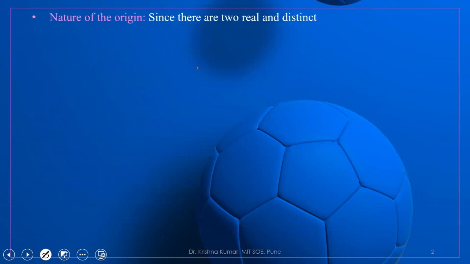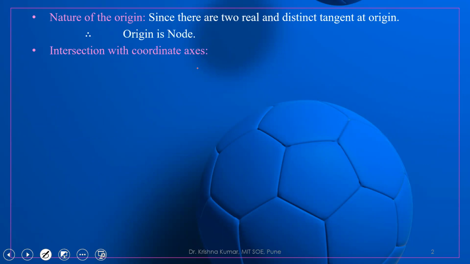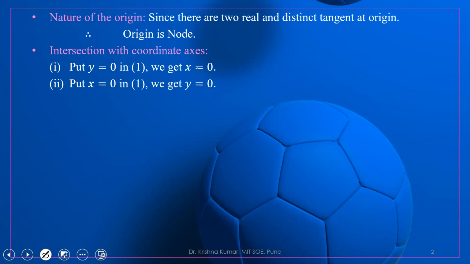Nature of the origin. Clearly there are two real and distinct tangents at origin. Therefore the origin is a node. Now intersection with coordinate axes. Put y equal to 0 in 1, we get x equal to 0. And if we put x equal to 0 in 1, we get y equal to 0. This is the equation, x cube plus y cube equal to 3axy.